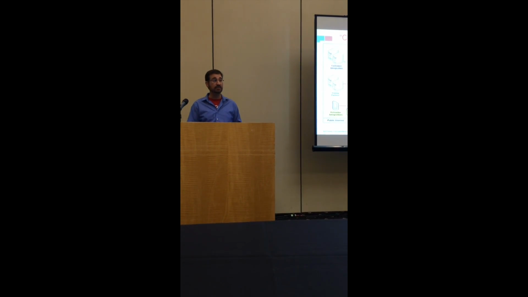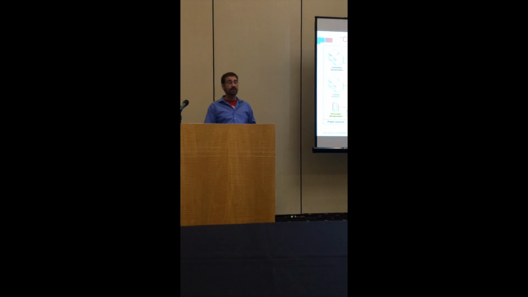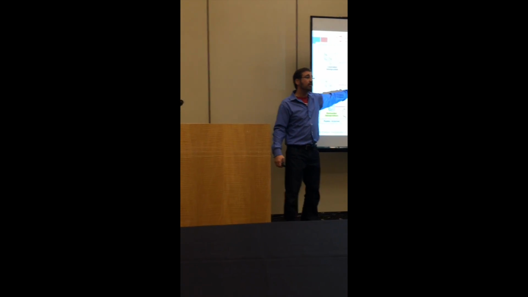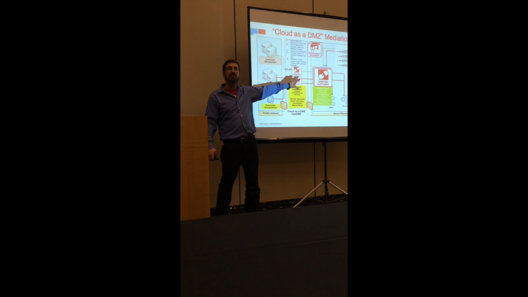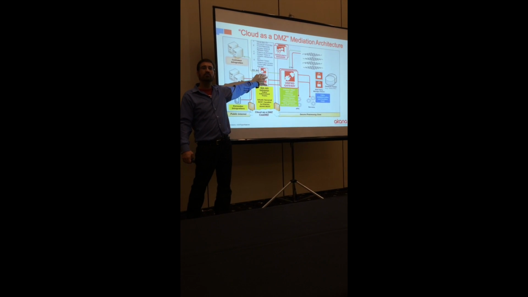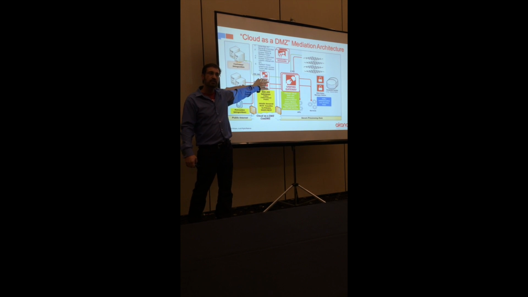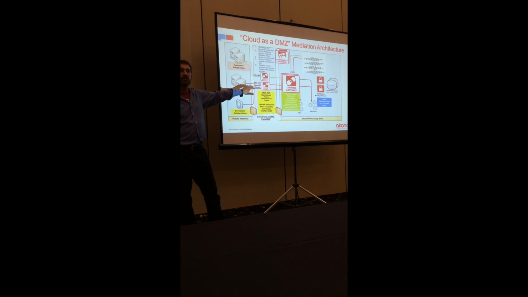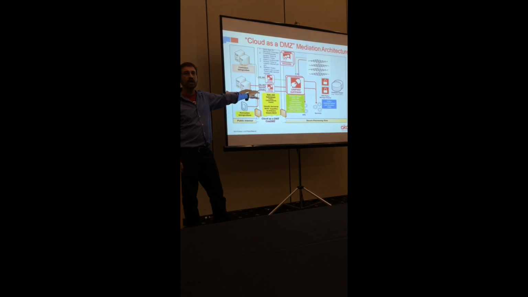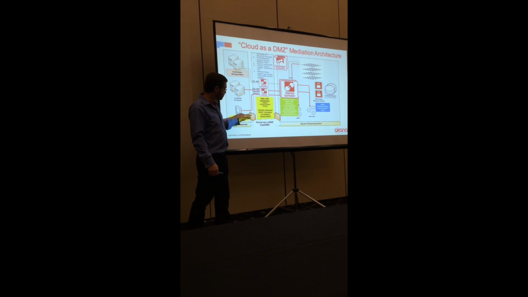Hope this makes sense. The idea is that this tier of gateways in the cloud DMZ, so let's say that this is your VPC on Amazon or your cage at some colo center. It's not your data center at all, it's someone else's network and someone else's rack and stack and power and all that.